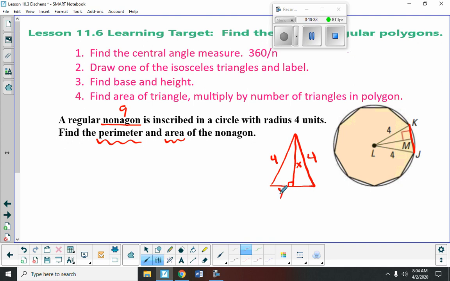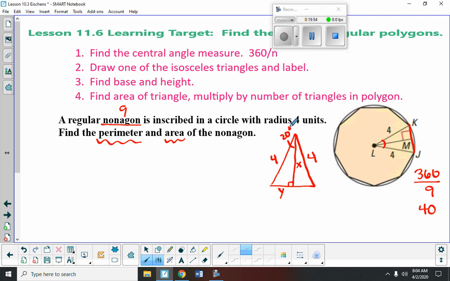So we are going to have to figure out the angle and use trig here. So first of all, if it's a nonagon, to figure out this angle, we're going to take 360 divided by 9. That gives you 40. So this entire angle is 40, which means that half would be 20 degrees.